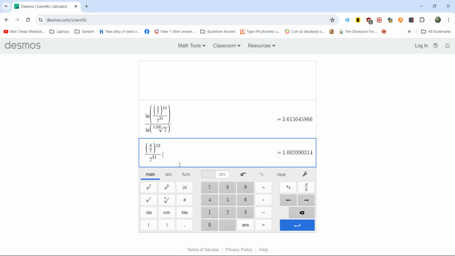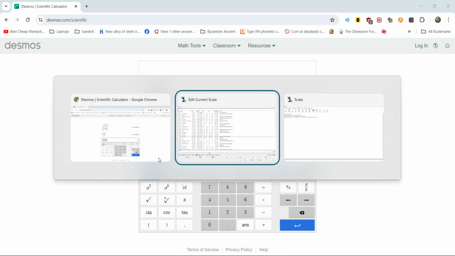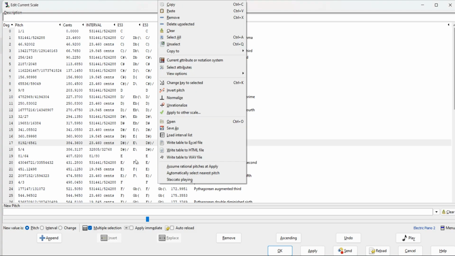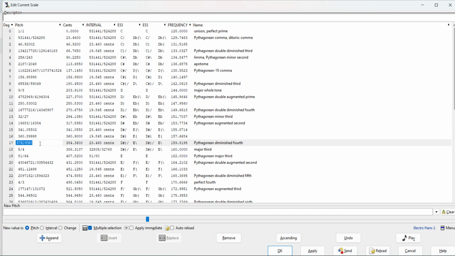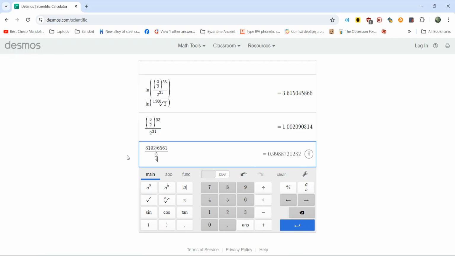So basically this one is this. Five over 4. So it's almost equal to 0 here.